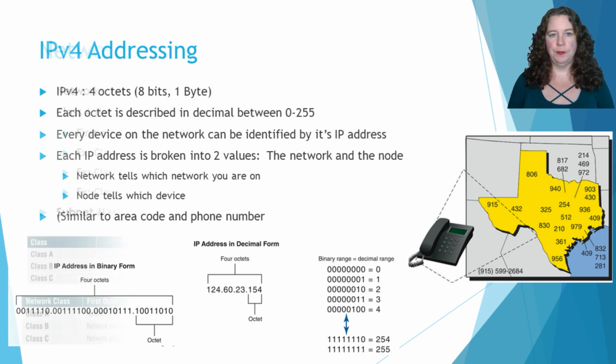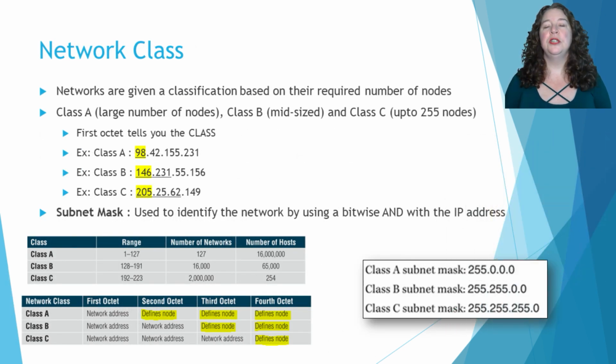When we talk about which network you're on, networks are given a specific classification based on the number of nodes they need to be able to create. We have 3 different classes. There is also classless, which we will talk about in the next chapter. So let's think of these as classes.